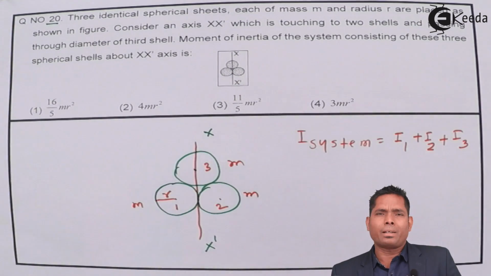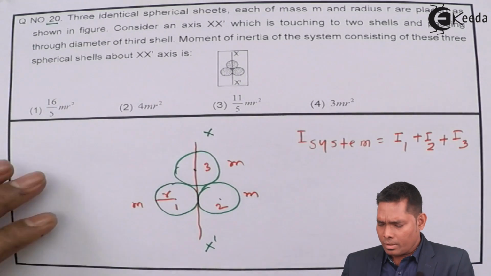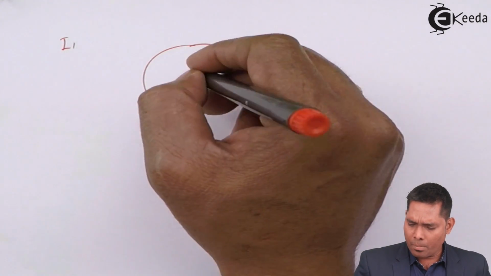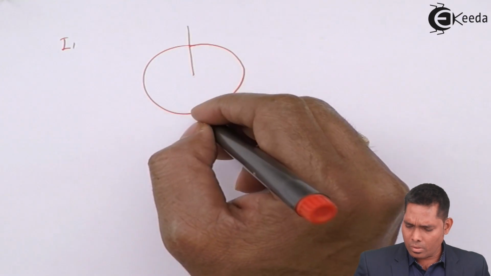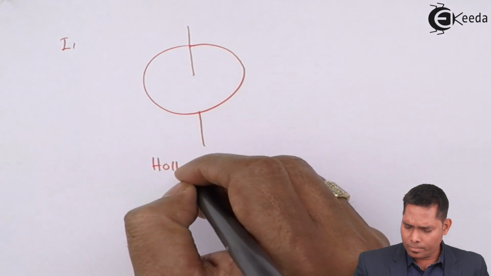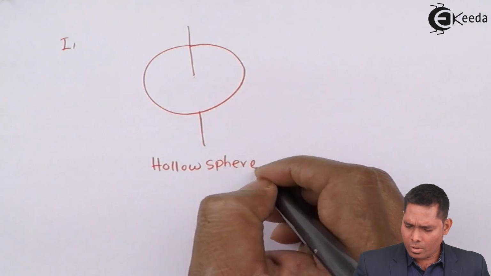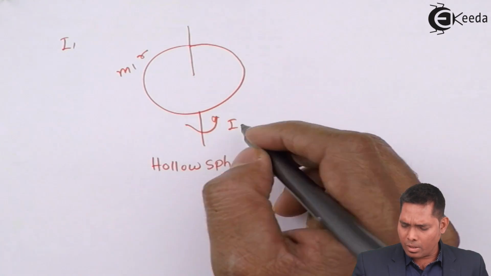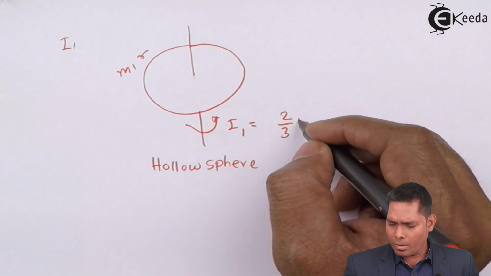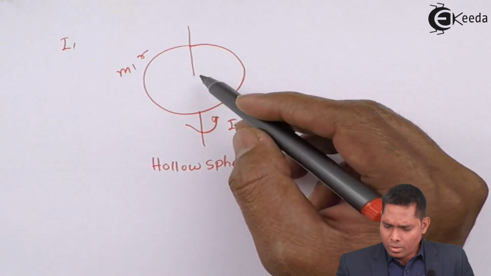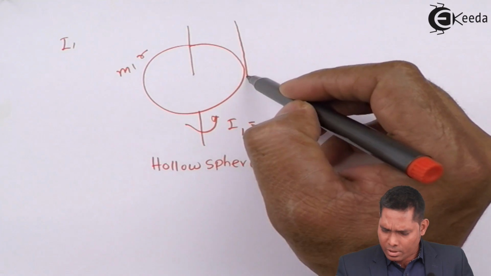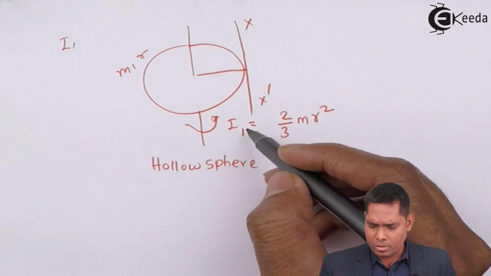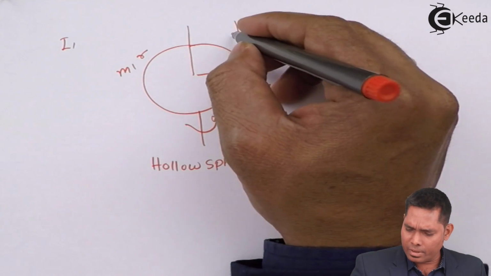For the hollow sphere about its own diameter, mass m and radius r, the moment of inertia is 2/3 mr square, but the axis under consideration is this one, x and x prime, so you use the parallel axis theorem. This is not I1, you can say this is I0, and this I consider as I1.